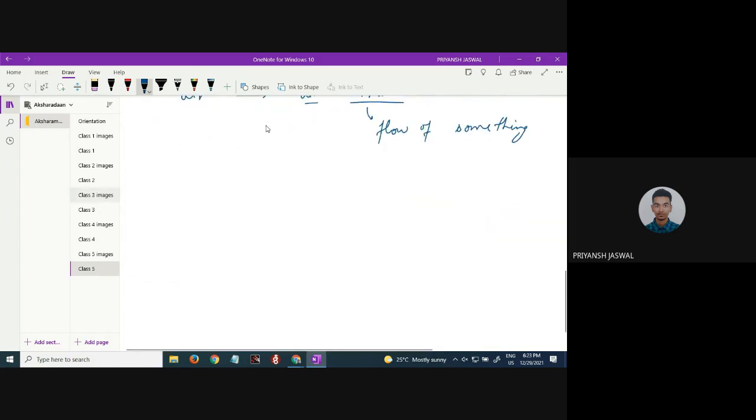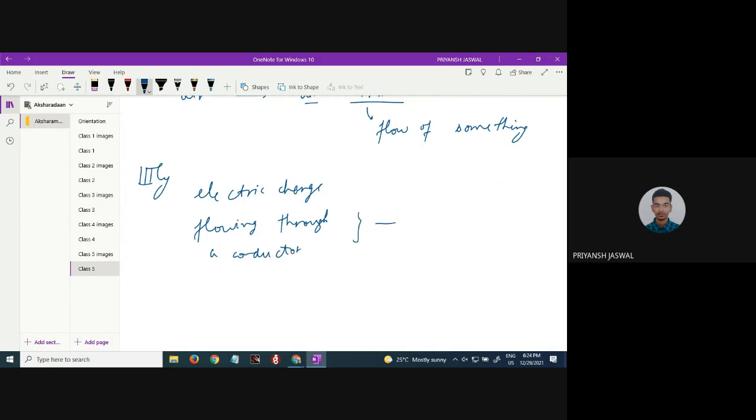Similarly, by this analogy, we say that electric charge flowing through a conductor is described as the electric current in a conductor.